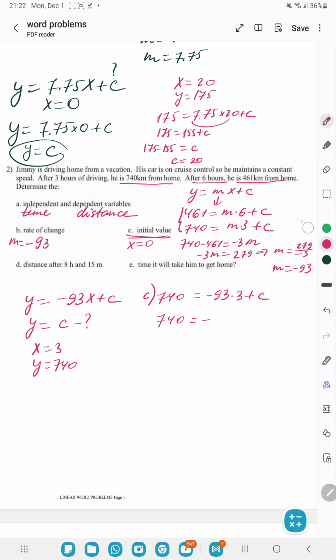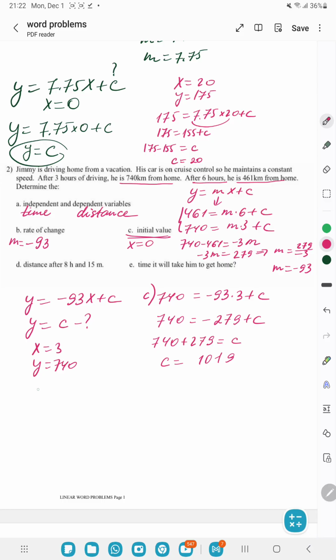We just divided earlier, it's 279, plus c. When we add 740 and 279, we should get c. So it's 1019. This is our answer: 1019 kilometers away from home.